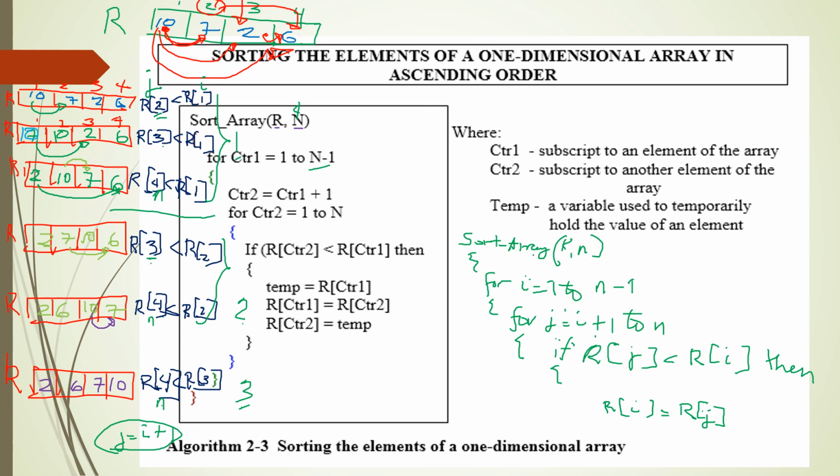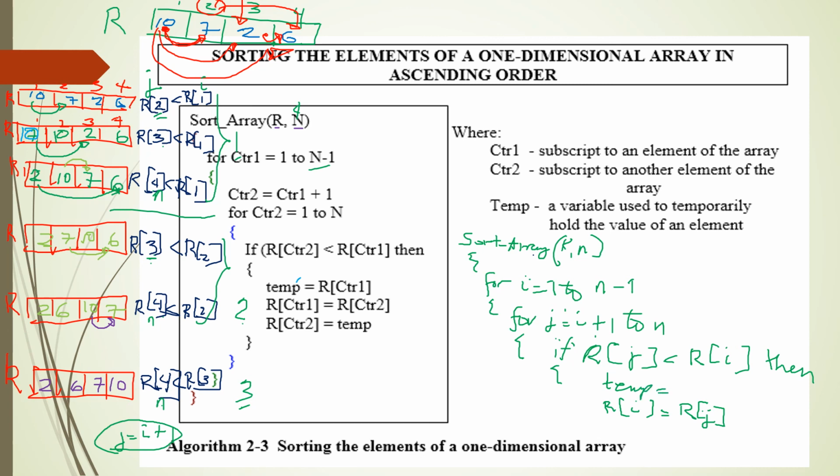Magiging ganyan yan. Okay? Not unless you're going to store 10 or 7 to a temporary variable. Okay? That's why we make use of temp. We need to store temporarily the value na aalisin natin.